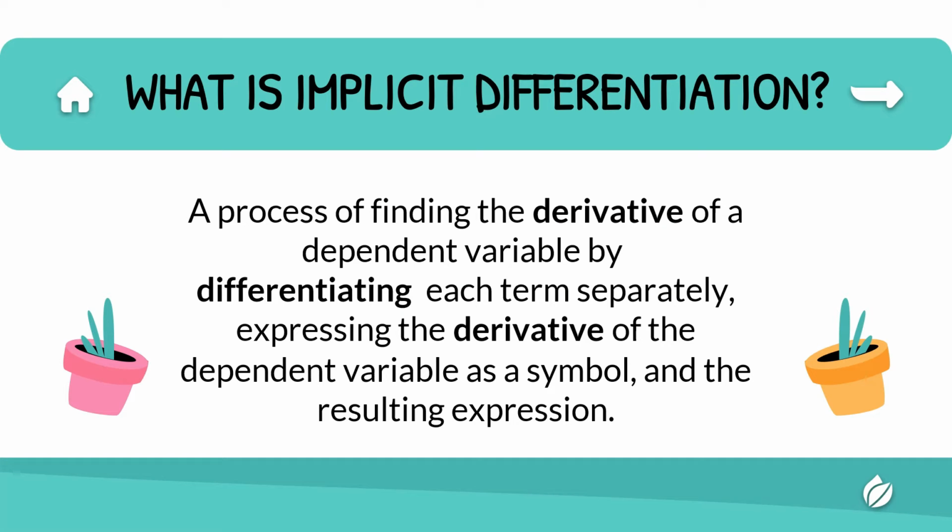Implicit differentiation is a process of finding the derivative of a dependent variable by differentiating each term separately, expressing the derivative of the dependent variable as a symbol and the resulting expression.